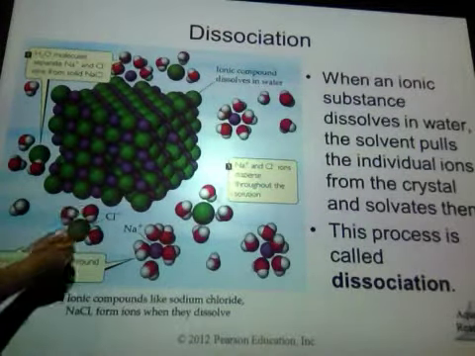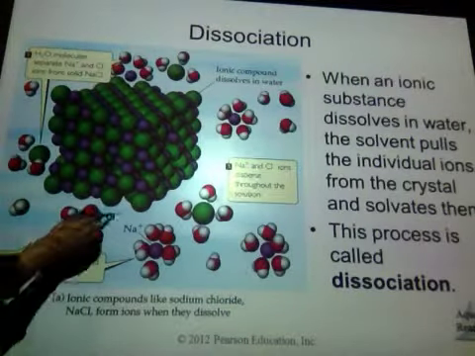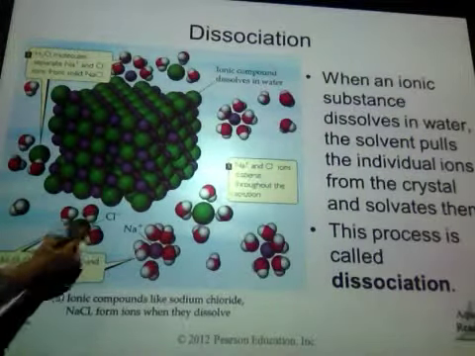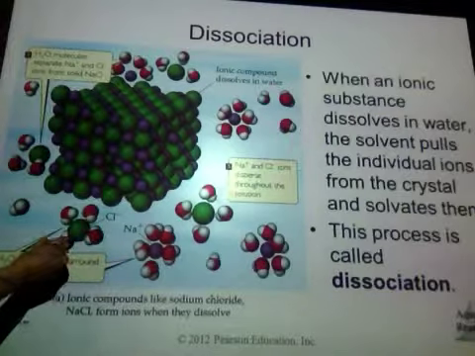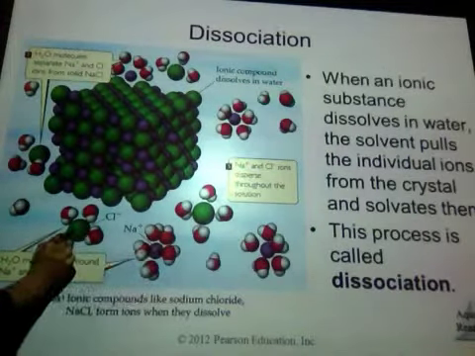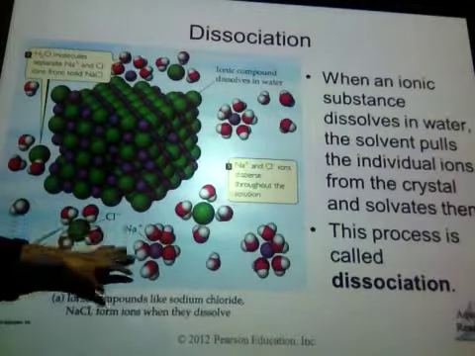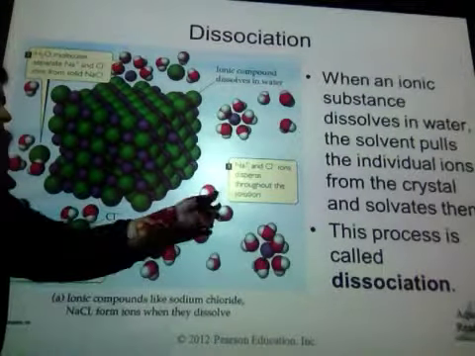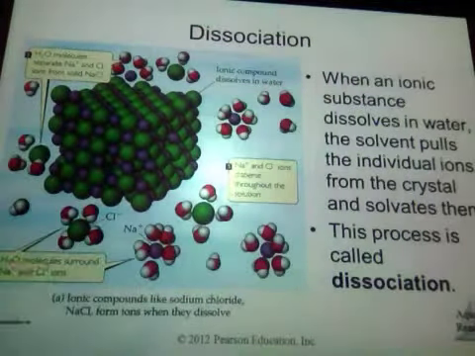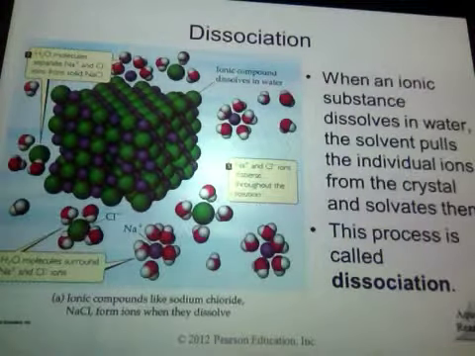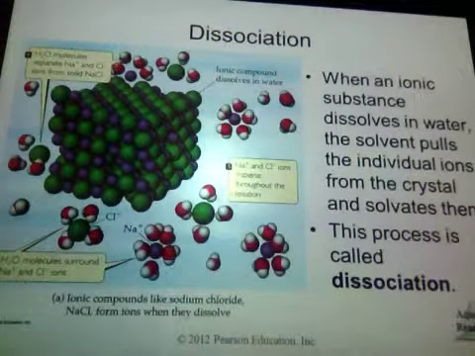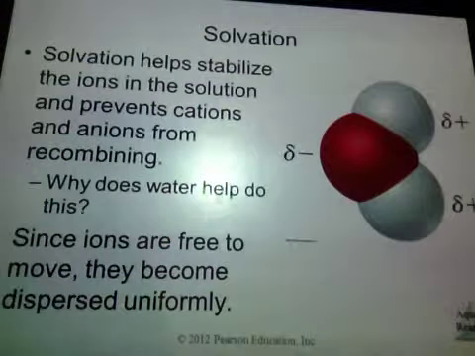These water molecules are completely surrounding this chloride ion, and this attraction is much greater than the attraction that these two could have together. So the water molecules, when they surround just those individual ions, that's what's preventing the salt from forming salt again in the solution.